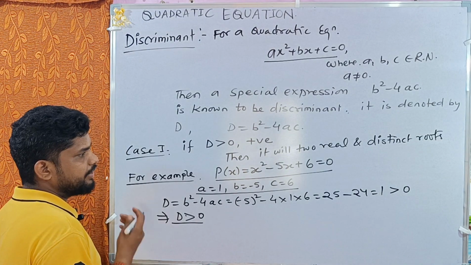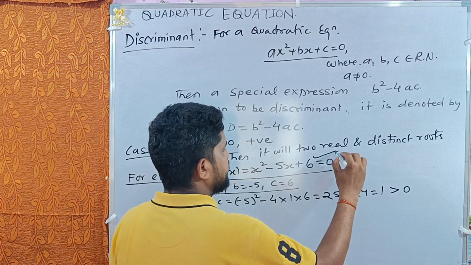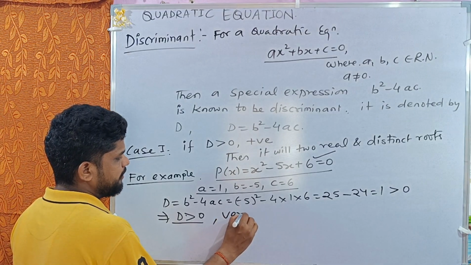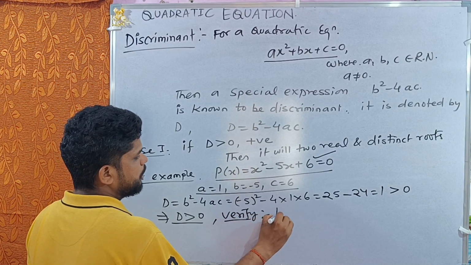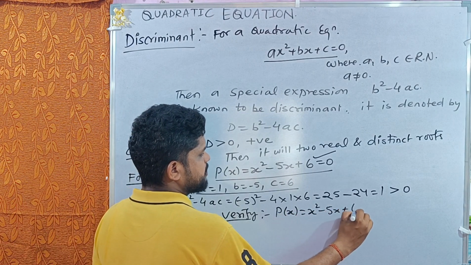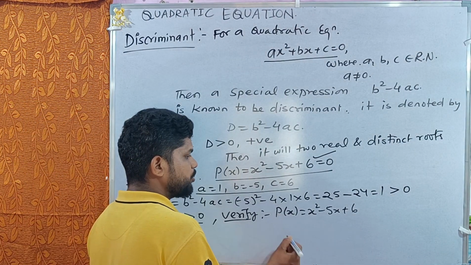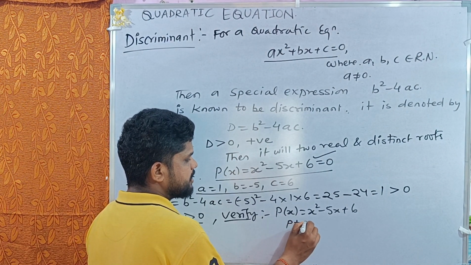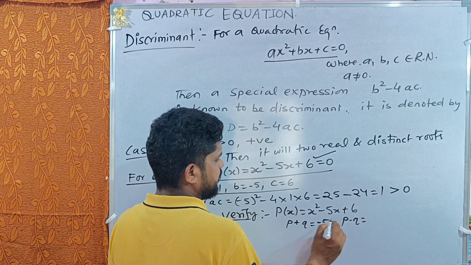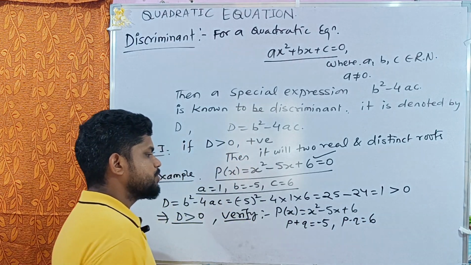So let us verify by using the splitting the middle term method for this quadratic equation. We have given p of x is equal to x square minus 5x plus 6. We have to think of two numbers, say p and q, such that their sum is minus 5 and their product is a into c, that is 1 into 6, that is 6.